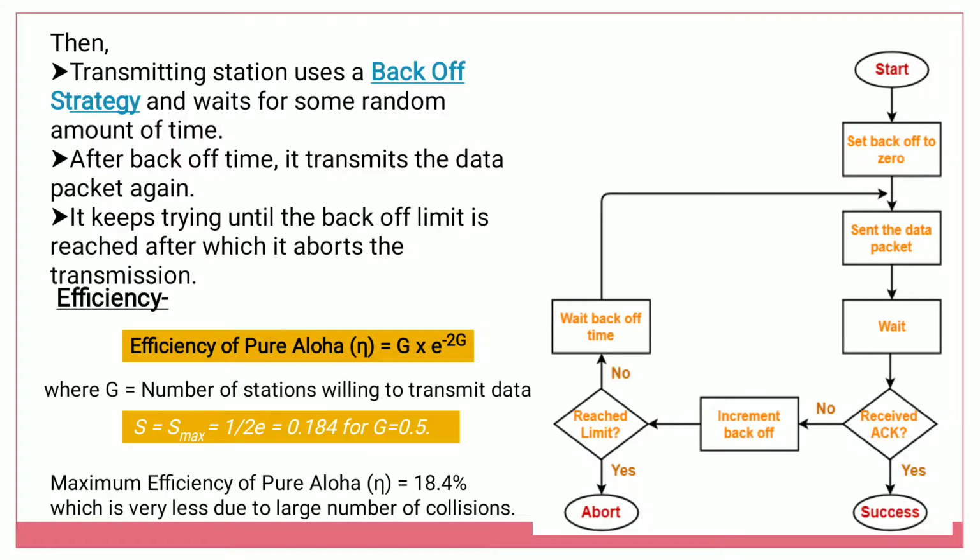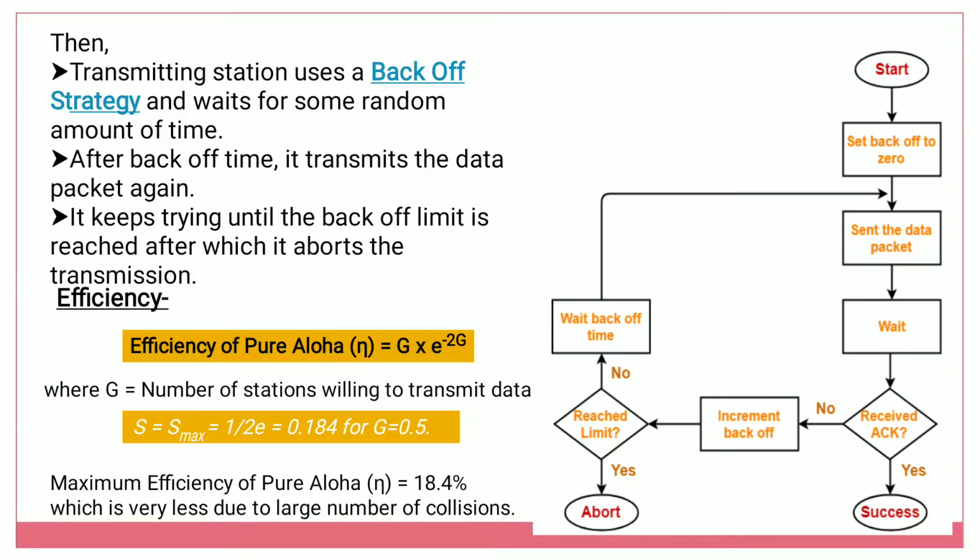And we already said that the maximum throughput occurs when the frames are transmitted. How will we get the maximum throughput? By using the formula S max, this is called the maximum throughput, given by 1/(2e). So directly, the maximum throughput of pure Aloha is 0.184 for G equal to 0.5.